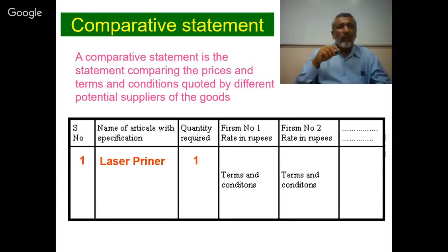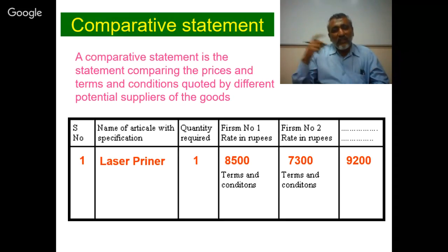It wants one quantity. The firm 1 quotes 8,500. The firm 2 quotes 7,300. But this is not the end. The company 3 quotes 9,200. Then maybe any number of such companies, we go on writing one after the other.